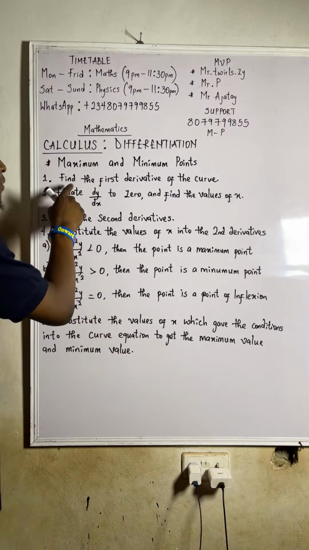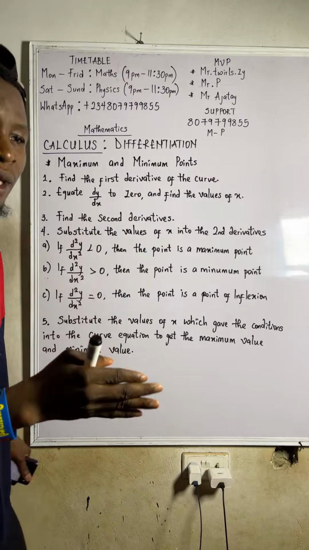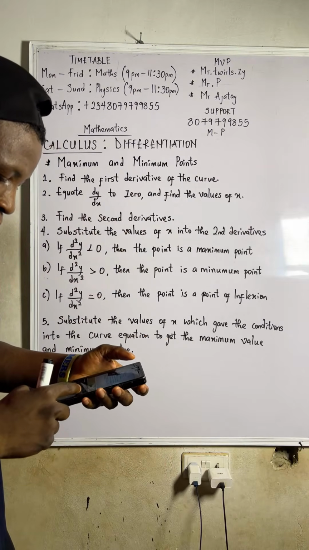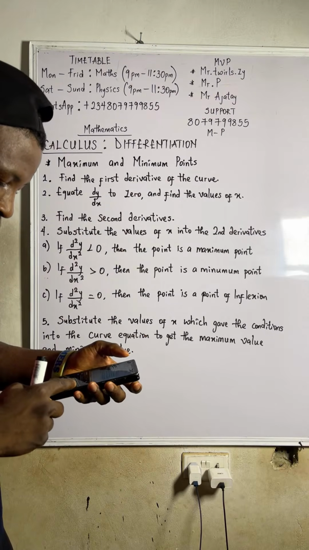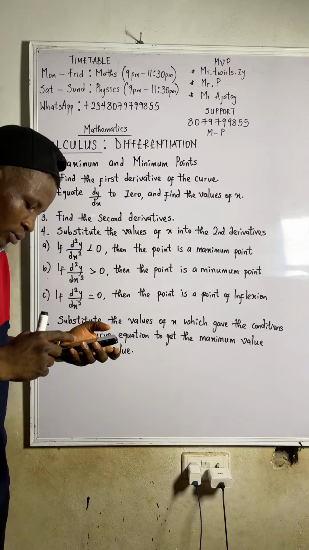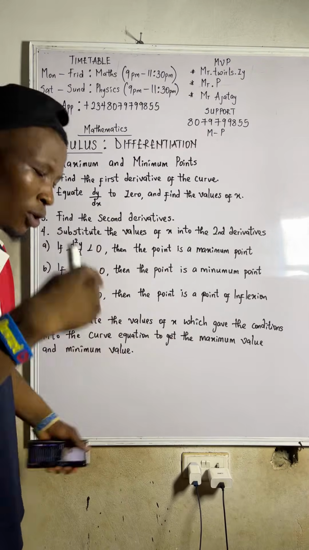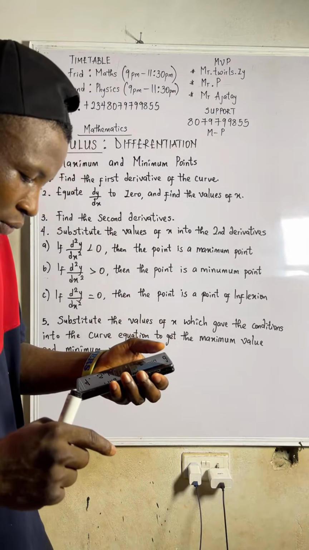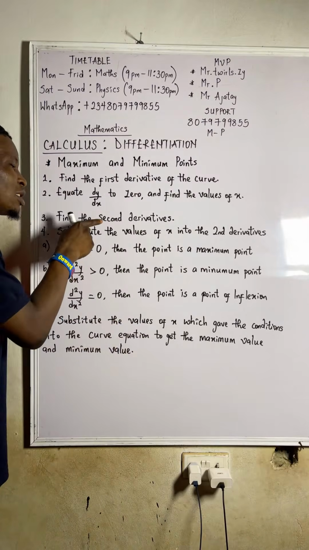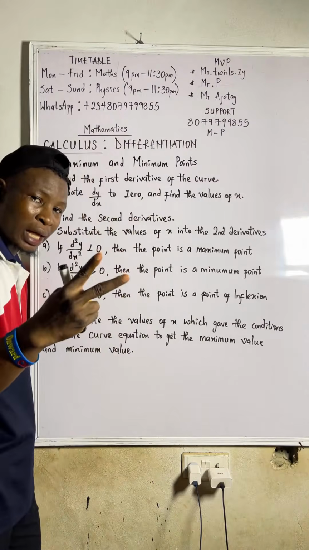Now, the first thing is to find the derivative of the curve. Then the second one is to equate your dy/dx to 0. Do you get? That's the next thing. Then the third thing is to find the second derivative, meaning you have to differentiate a second time.